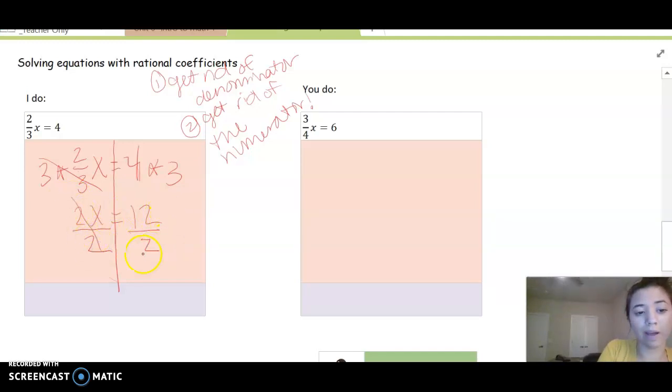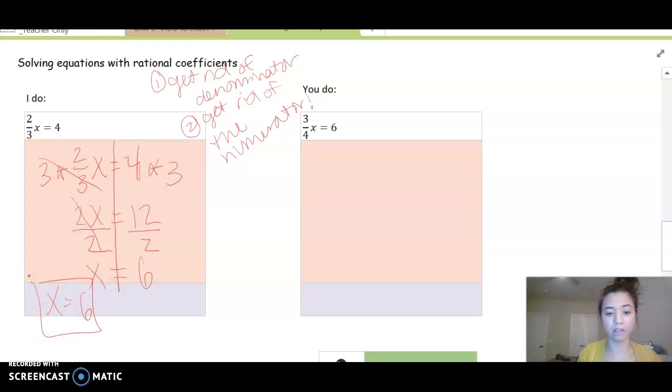Remember what you do to one side, you do to the other. 12 divided by 2 is 6. So x equals 6. Okay? Again, multiply both sides by the bottom of the fraction, and then divide both sides by the top of the fraction.